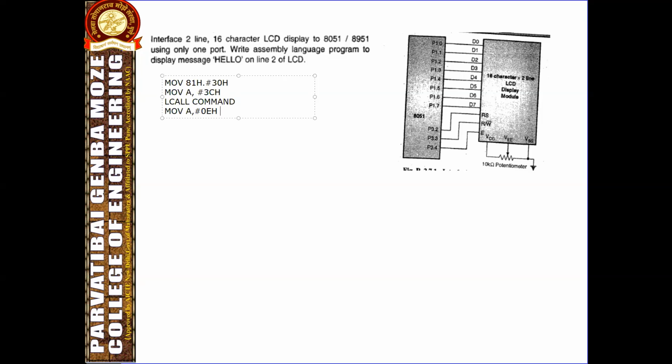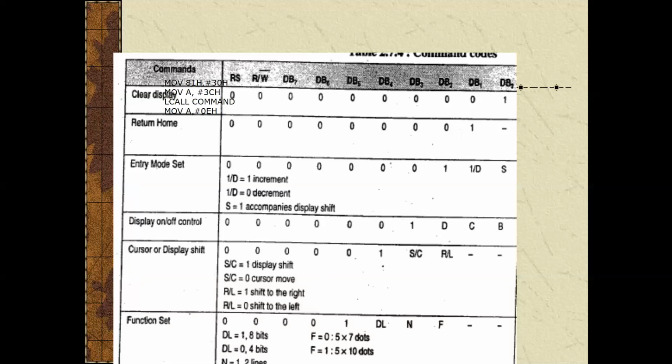This is the code command for setting the display and cursor on, as we have seen in the previous slide. #3CH is written for making DL equal to 8 bit and N equal to 2.